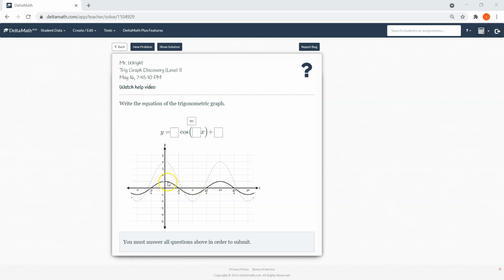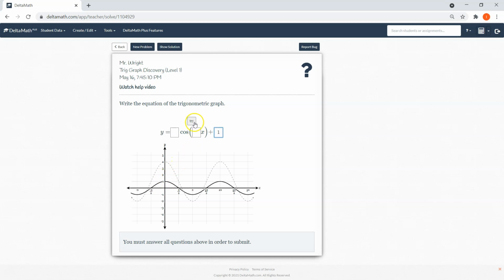So as I look at this, what I notice is that the center of the dotted graph is at y equals 1. And I'm thinking, well, that's like a shift upwards of 1, right? So just like a y-intercept of 1 shifts the line up 1 unit from the origin, I'm going to try that.